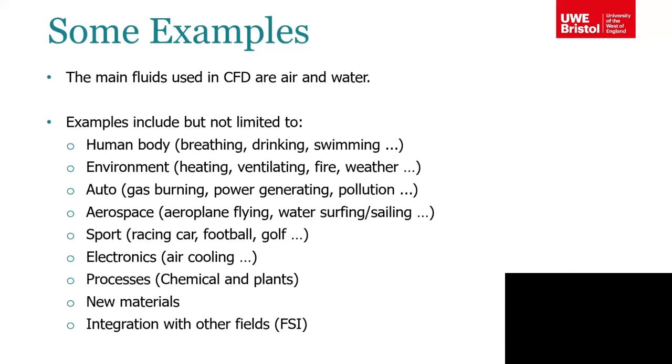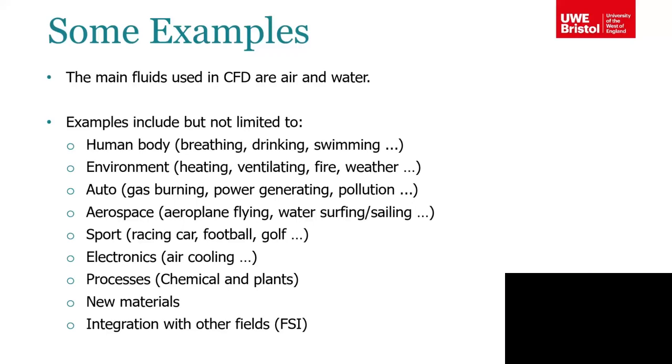Okay, so the main fluids that are used in CFD are air and water. So you need to have an understanding of the properties of air and water at your fingertips to do CFD.